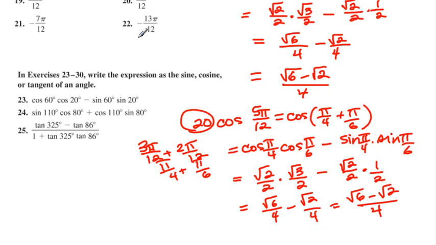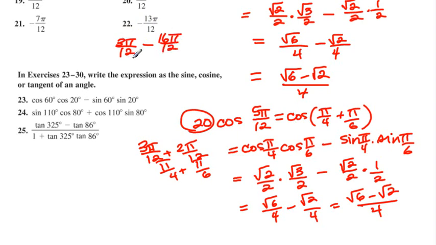Now let's look at number 22. I'm not going to work this one out, but I just want to get you started in this problem. I've got to think about rewriting 13 pi over 12 as a sum or difference. Generally, when you have a negative sign there, you need to have one positive and one negative, right? We could write this as, would you agree, 13 pi over 12 is the same thing as 3 pi over 12 minus 16 pi over 12.